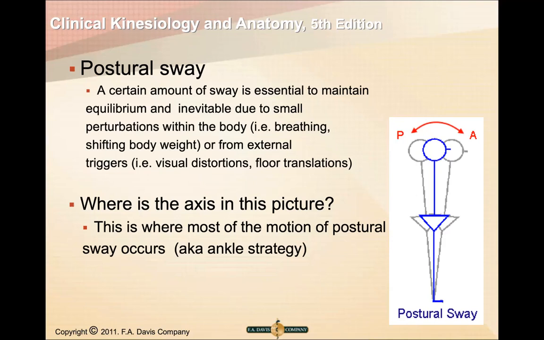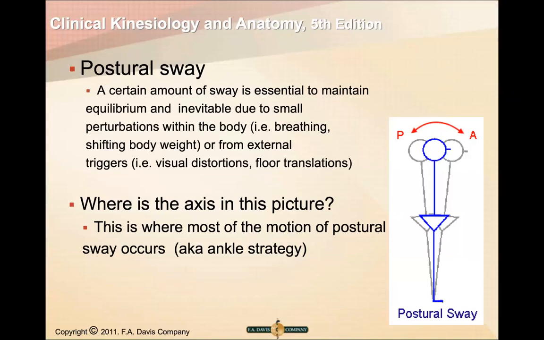So all those things we do, those little postural sways, but look at where the axis of the motion is. We're not really flexing or extending our trunk more. We're not really flexing or extending our hips mostly. We're mostly just doing a little bit of a sway.